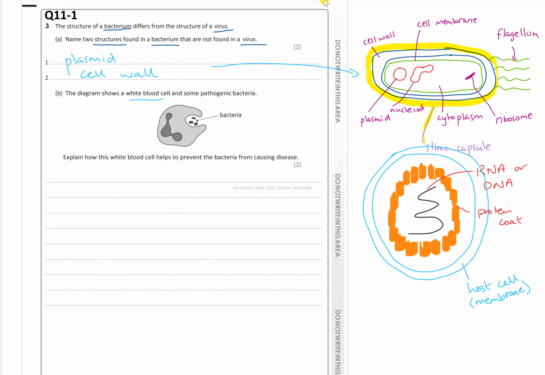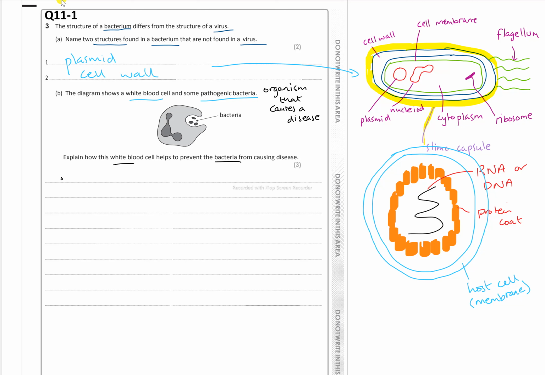Right, the diagram shows a white blood cell and some pathogenic bacteria. What did we say pathogenic was? A pathogen is an organism that causes a disease. Right. Explain how this white blood cell helps prevent bacteria from causing disease.